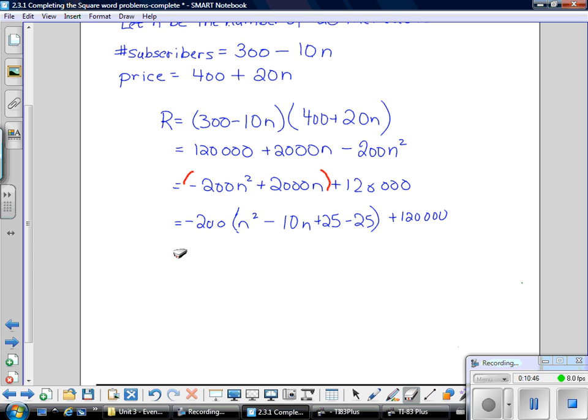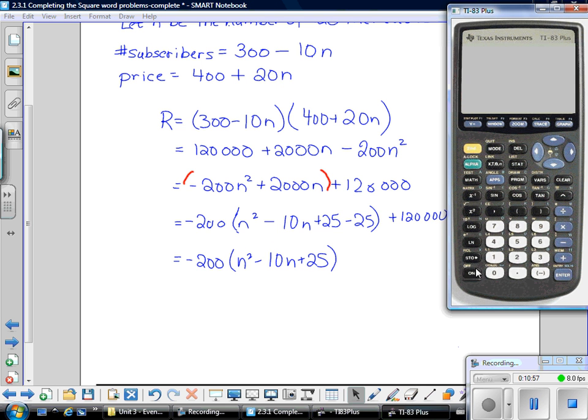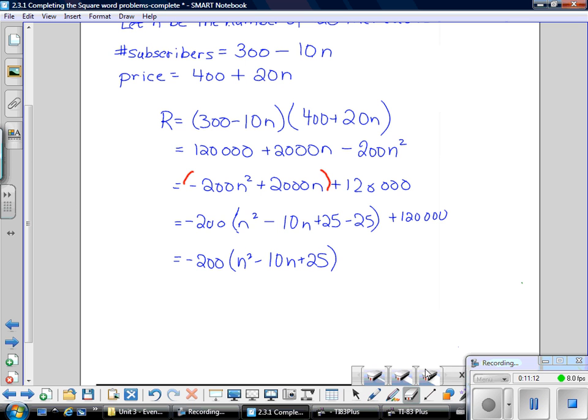The first three terms are going to be our perfect square. When I take out the negative 25, I must multiply it by the negative 200. So again, if you can't do that in your head, you pull out your calculator. We have negative 200 times negative 25, so we end up with a positive 5,000. So we're adding 5,000 and we still have our 120,000.